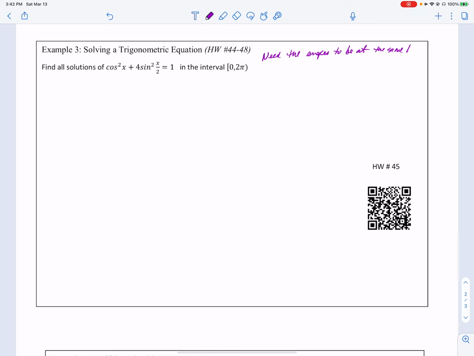Again, there are cases where you can have them be at different. What I mean, you need them all to be x's or x divided by 2 or 2x's. You want to work and look for a formula that can get this entire equation all in terms of an x and x halves or a 2x.